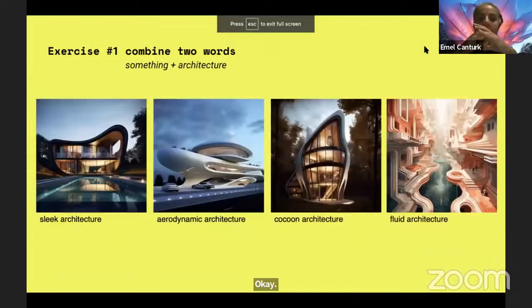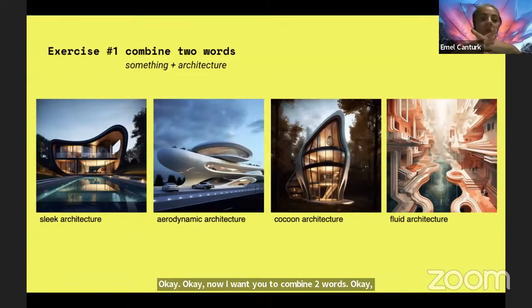Okay, now I want you to combine two words. It can be something architecture, for example, sleek architecture, aerodynamic architecture, cocoon architecture, fluid architecture. Just try to find something creative.